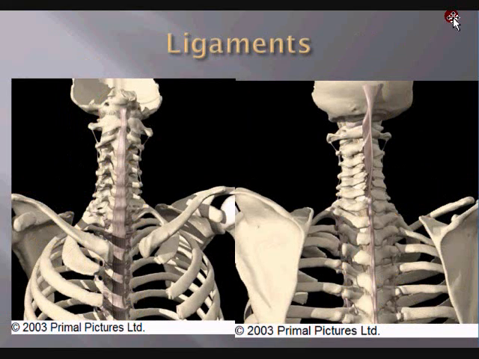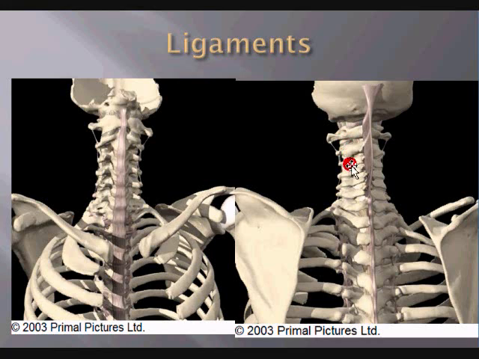Now we're going to look at ligaments. The ligaments play a huge role in the spine. They hold the bones together. These are the discs, and these have big, thick ligaments that support C1, C2, and C3. These bones would just fall apart without these ligaments holding them together. They stabilize the spine. There are rich beds of nerves in each of these joints, in the discs and in the joints, that come from the nerves as they come out of the spine at the same level as these structures.